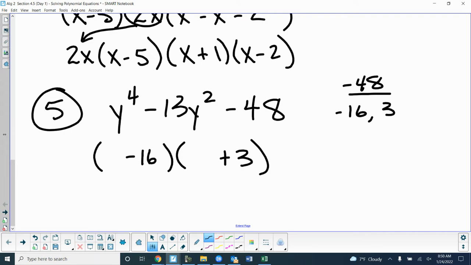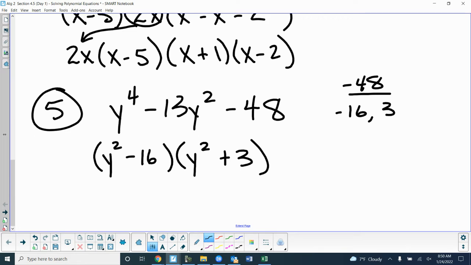The only thing that's different, instead of y squared, it's y to the 4th. So what do I put in front? y squared, right? If it's y squared, we put y's in front. If it's y to the 4th, we put y squared in front. If it's y to the 6th, we put y cubed in front, right? Just take half of the exponent and put it in the front of each one.